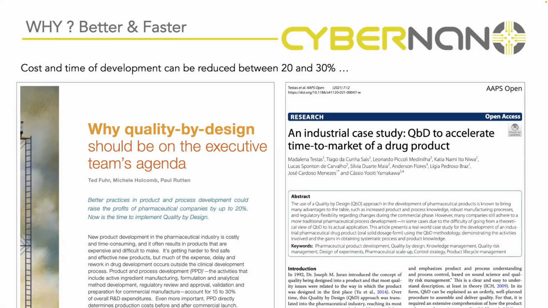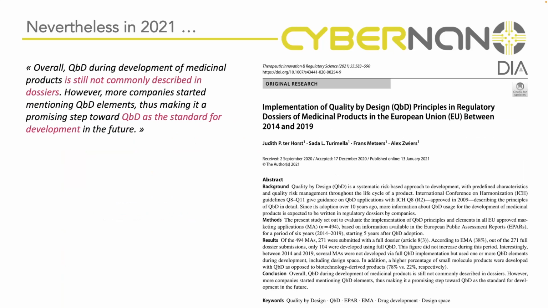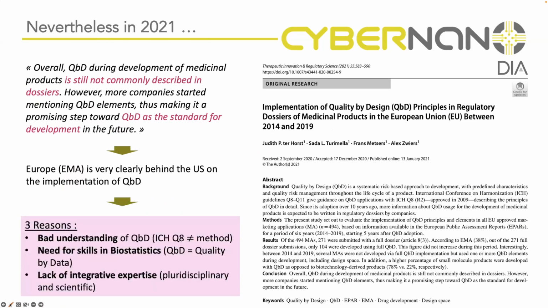So we know that QbD works, and these are not the only papers. Two years ago, another paper confirmed that QbD is becoming really the standard of development, but Europe is very late compared to the implementation of QbD in the US. We have identified 3 reasons for that.